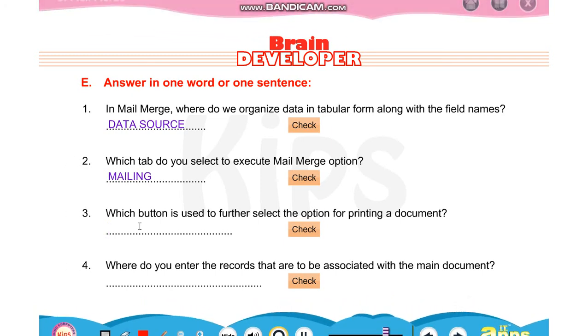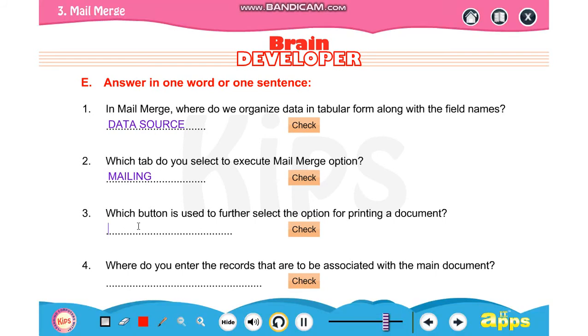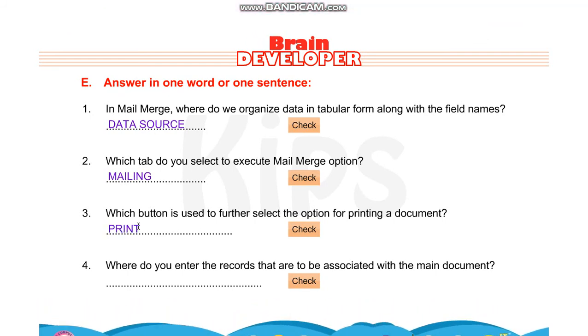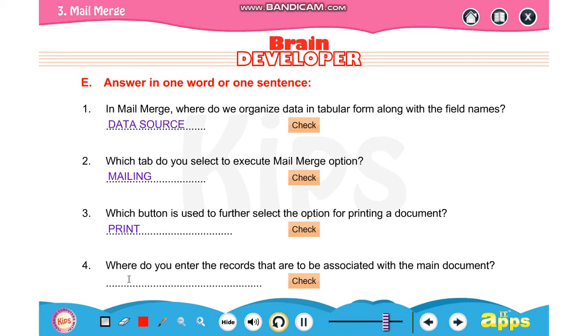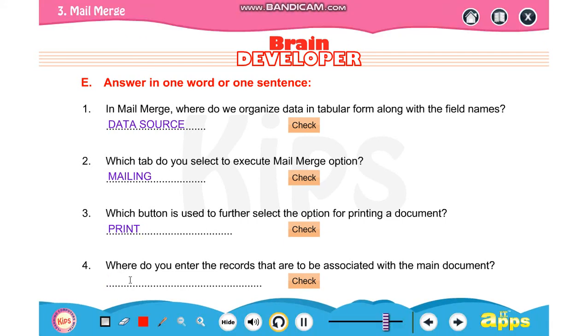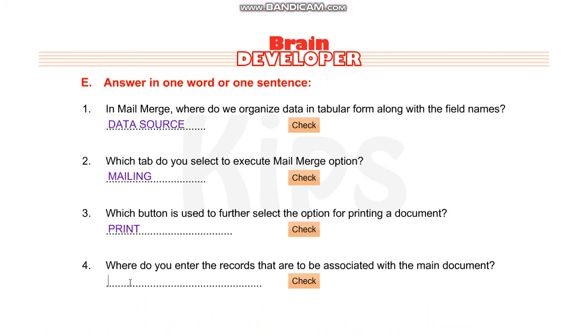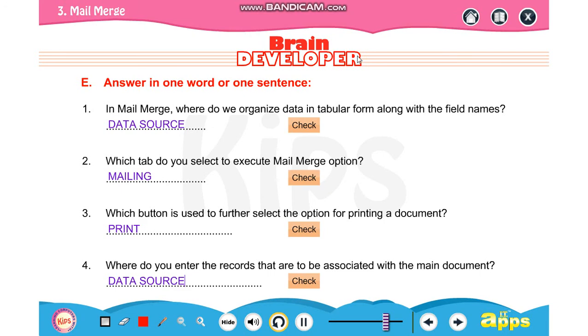Which button is used to further select the option for printing a document? Print button. Where do you enter the records that are to be associated with the main documents? Data source.